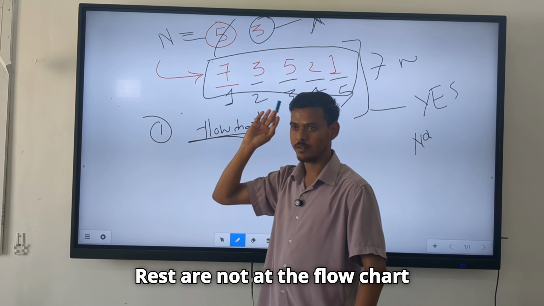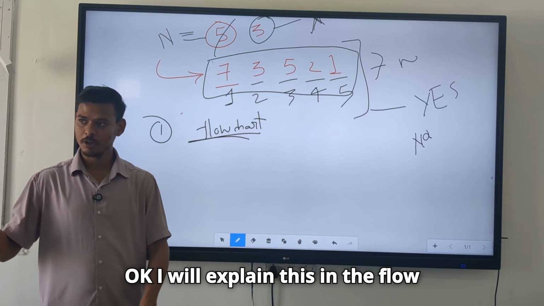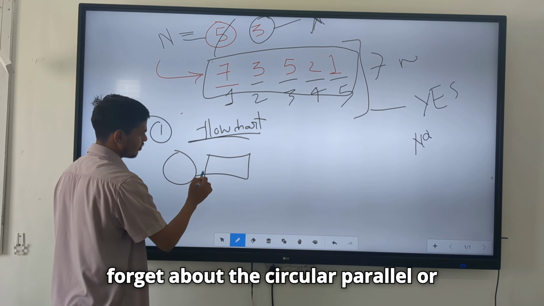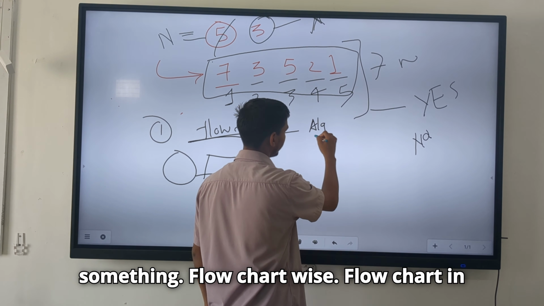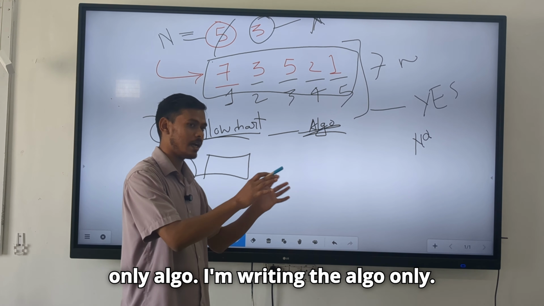Okay. Nested loops. I will explain this in the flowchart, but you don't need to understand it. Forget about circular, parallel, or anything. Flowchart in a simpler way, I am writing only the algo.